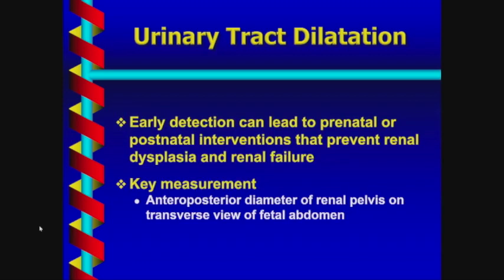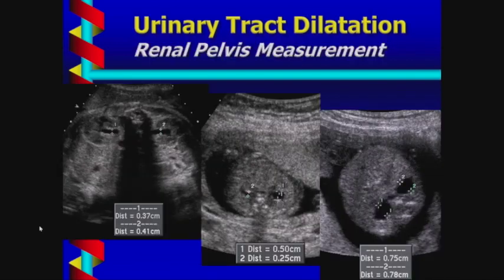It's important to diagnose urinary tract dilatation in utero when it is there, because it's been proven to be able to lead to prevention of renal dysplasia and renal failure after birth if you know about dilatation in utero. And the key measurement is the AP diameter of the renal pelvis on a transverse view of the fetal abdomen.